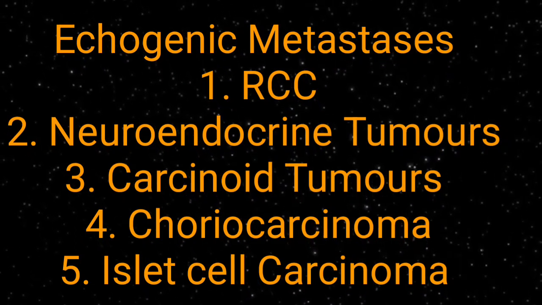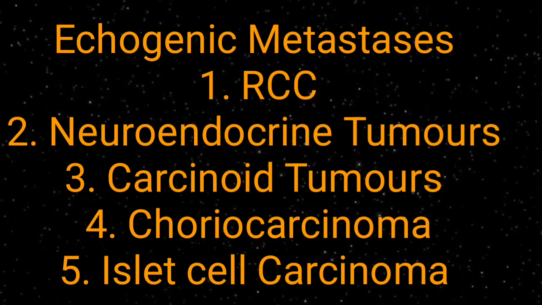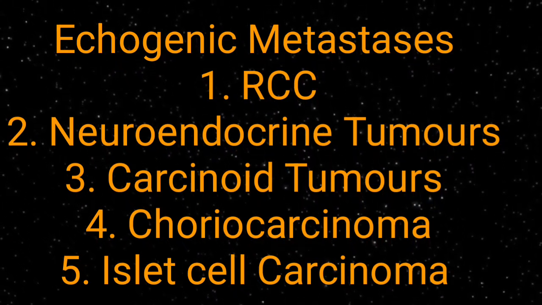You have already seen the images, and I'm sure you will be able to appreciate echogenic metastasis on ultrasonography. Tumors which are highly vascular cause echogenic metastasis. These include renal cell carcinoma, so mets from renal carcinoma would be highly echogenic, as well as neuroendocrine tumor, carcinoid, and choriocarcinoma. These primary tumors can cause echogenic metastasis, especially in the liver.